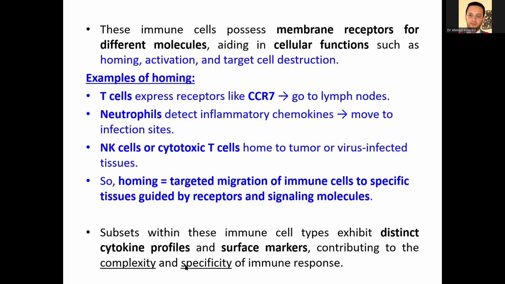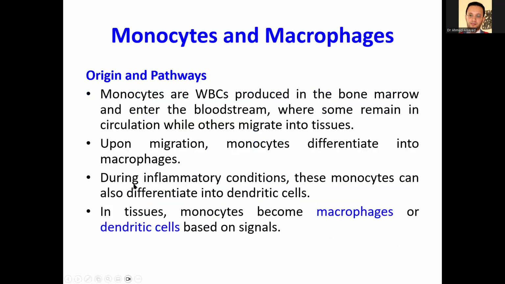Finally, subsets within these immune cell types exhibit distinct cytokine profiles and surface markers, and this will contribute to the complexity and specificity of the immune response. So first of all, we will go into details about the monocytes and macrophage.